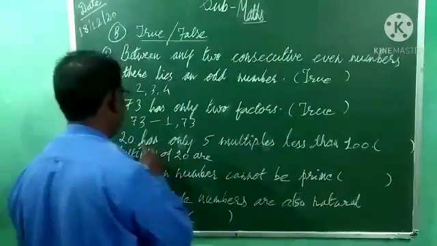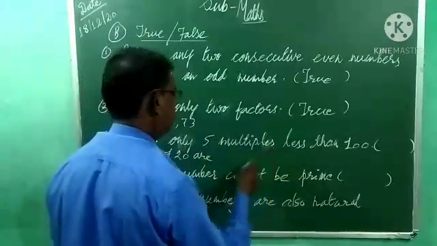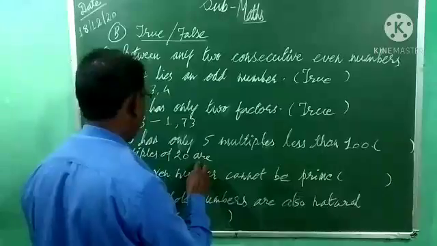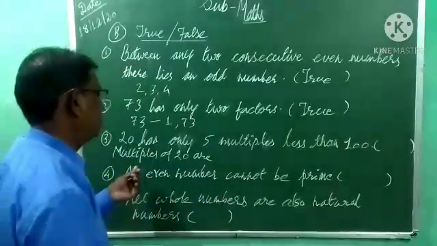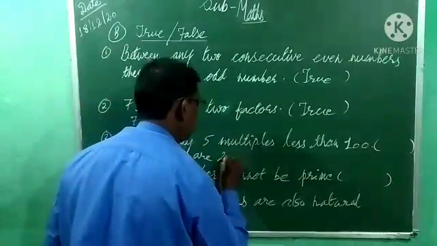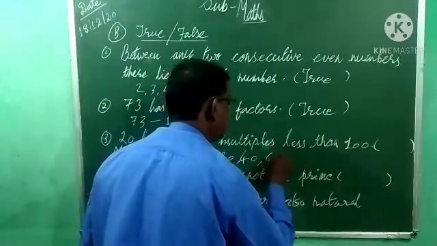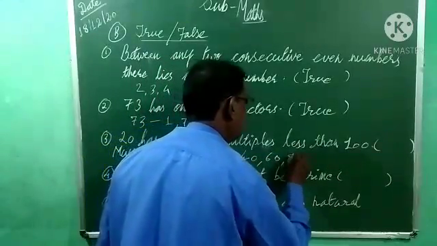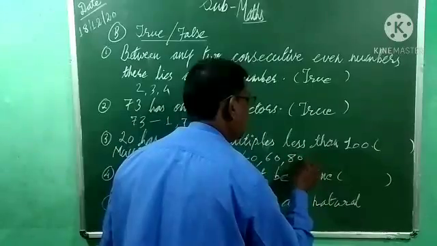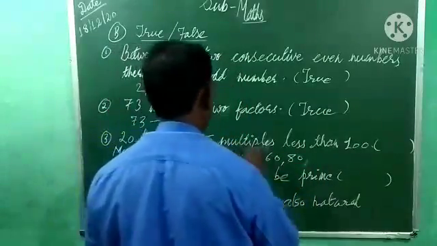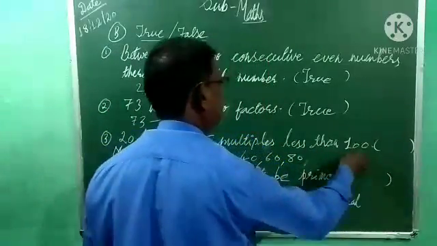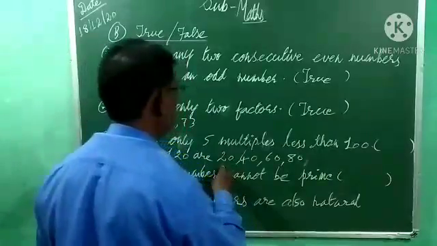Then we will check how many multiples you are getting. What are the multiples of 20? The multiplication table of 20: 20 ones are 20, 20 twos are 40, 20 threes are 60, 20 fours are 80, and 20 fives are 100. But here it is given multiples less than 100.